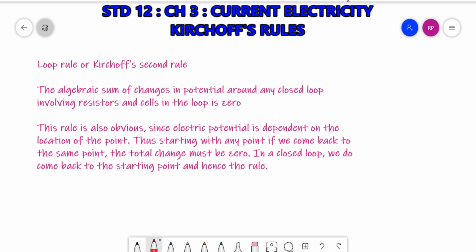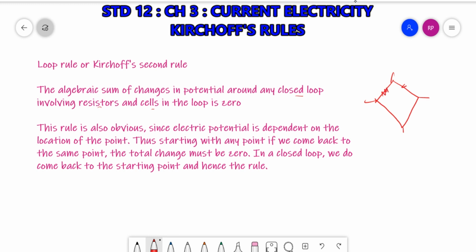Now, loop rule or Kirchhoff's second rule. The algebraic sum of the changes in potential around any closed loop involving resistors and cells in the loop is zero. Means if you take any closed loop, let's take this closed loop, including resistors and cells.